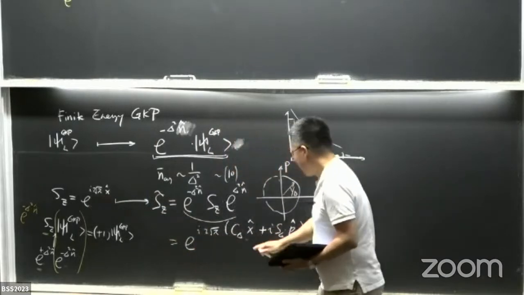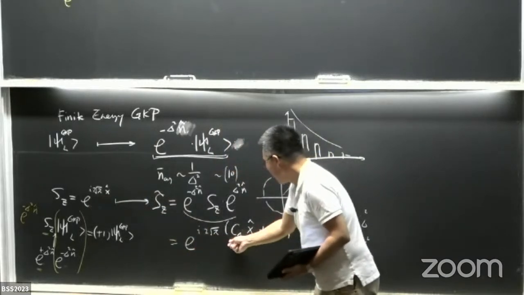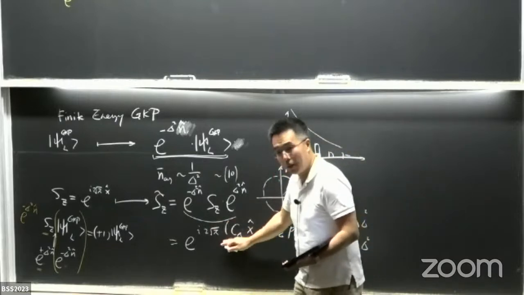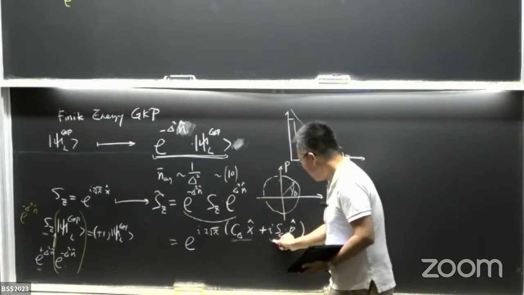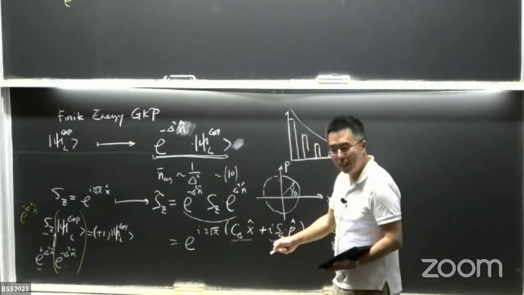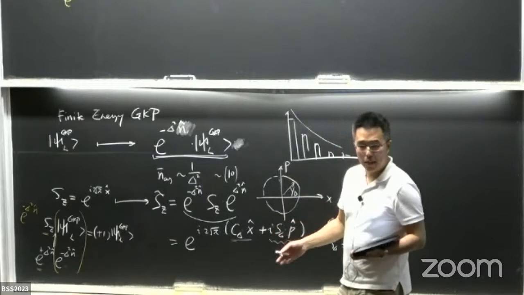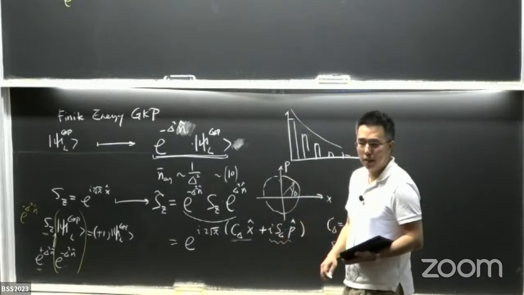But when I have finite delta, this part is usually the Hermitian part in the exponent, which is unitary for the stabilizer. But this part is actually anti-Hermitian. So that will actually give us some kind of Gaussian envelope-ish behavior.